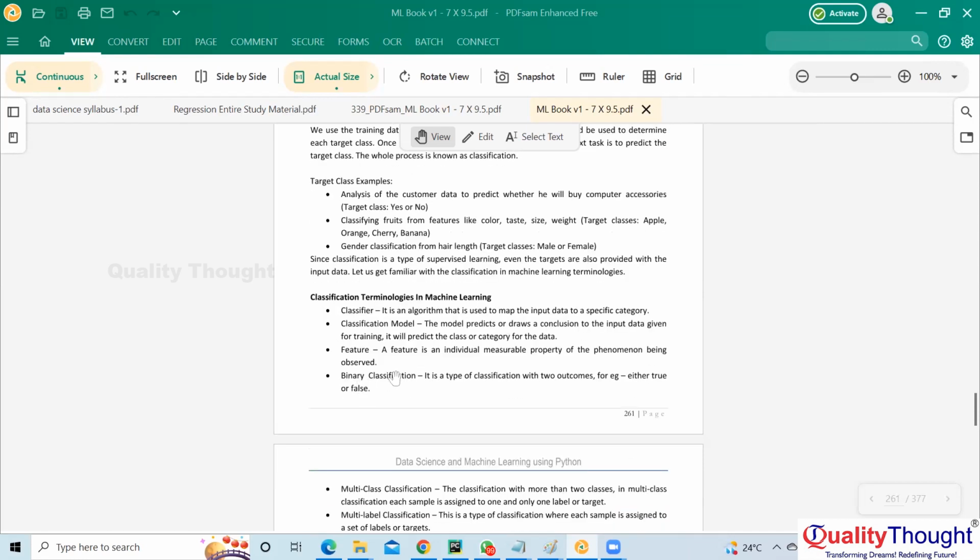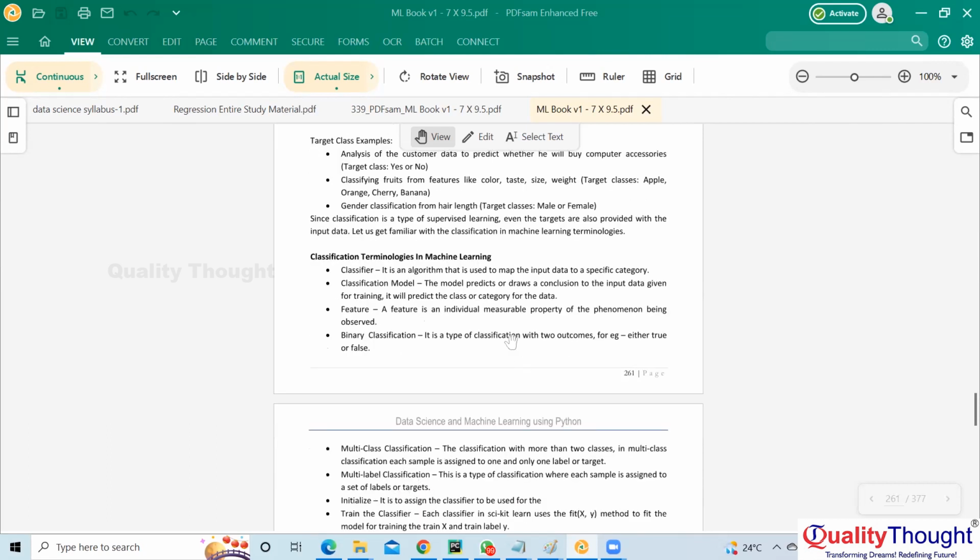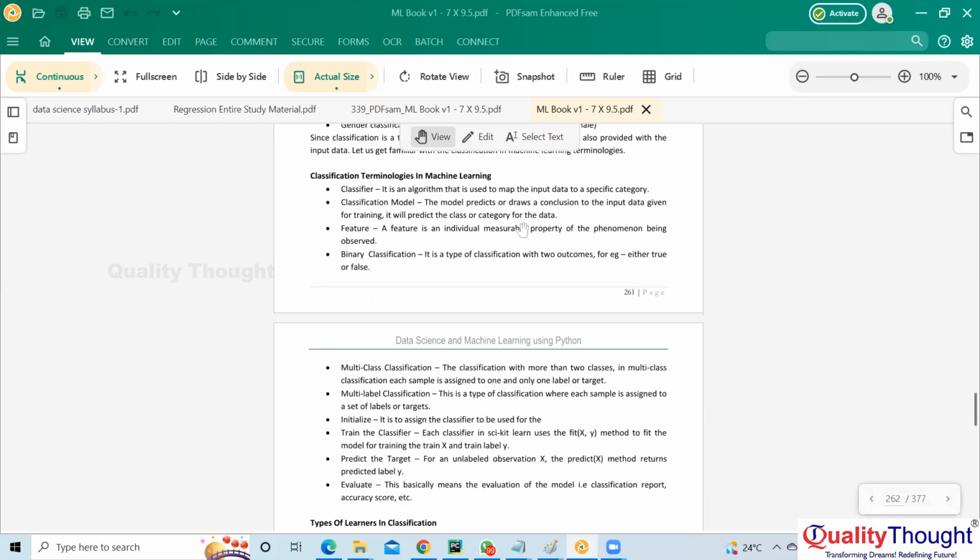We have binary classification, multi-class classification and multi-label classification. Binary means just two outputs, yes or no, A or B. When you have more than two classes, it is called multi-class. Multi-class is assigned to one and only one label or target.